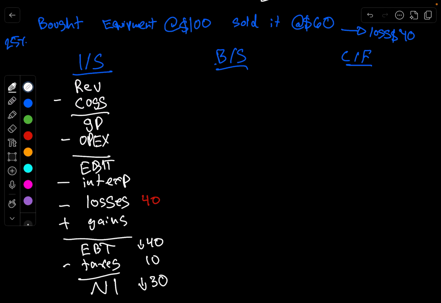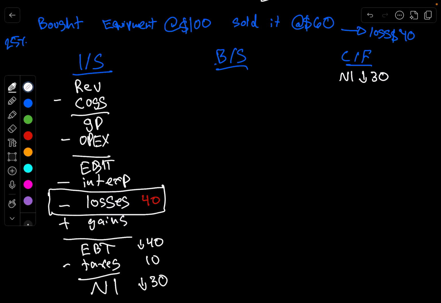Now let's move on to our cash flow statement, and here it's a little bit more complex, but hopefully I can make it a little bit clearer for you guys. So our net income is down by 30. However, I want you guys to think about this. Is this loss a cash loss? Did I lose cash in my hand? No, I didn't actually lose cash on hand.